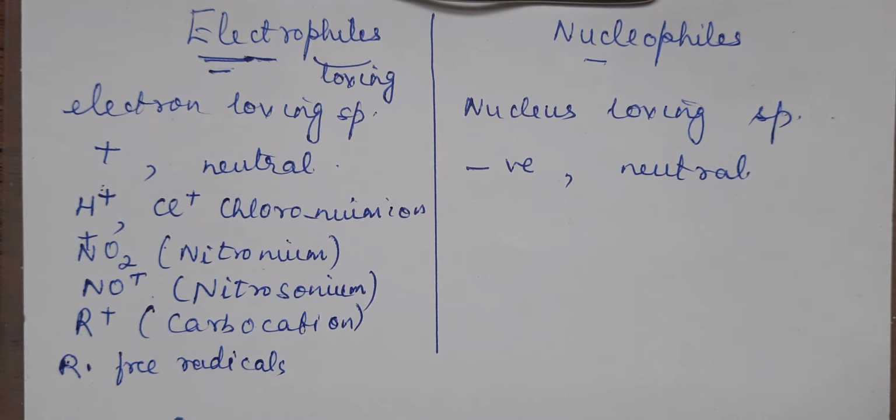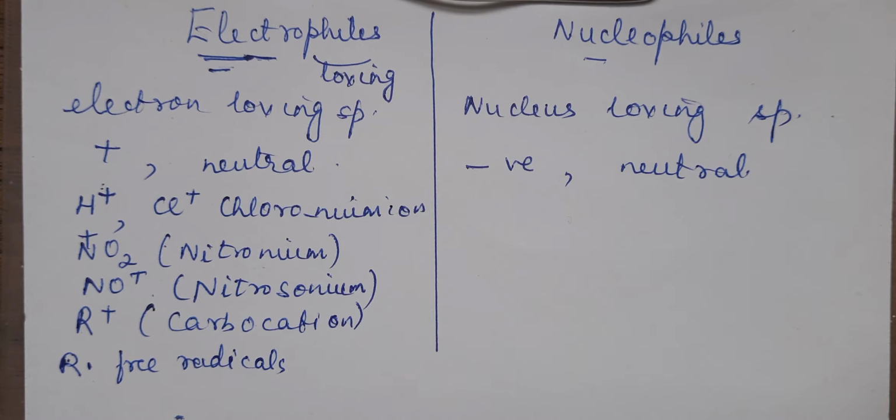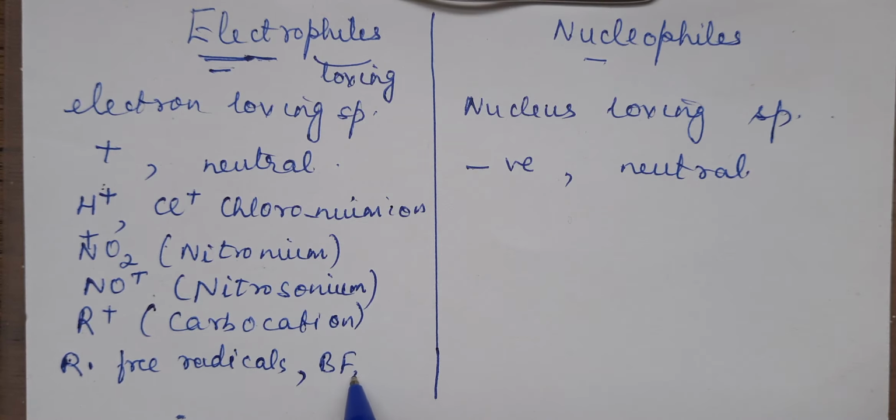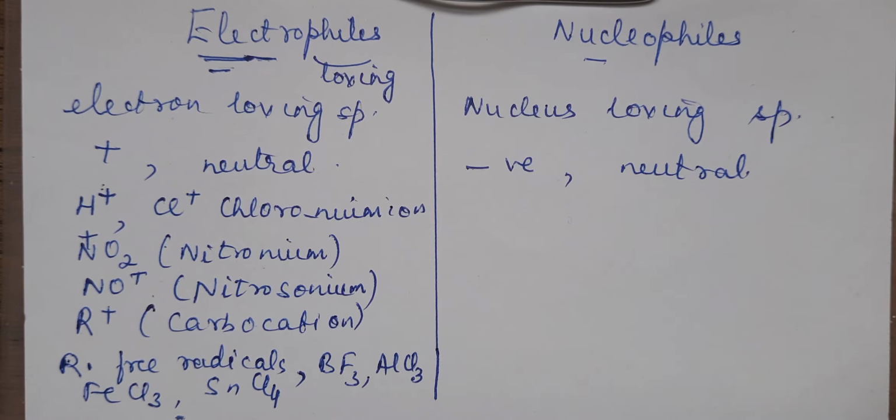To begin with, you can just have an idea of it as some alkyl radical where only one electron is there. We will take the simple ones which you are aware of: BF3, then AlCl3, then FeCl3, and SnCl4.